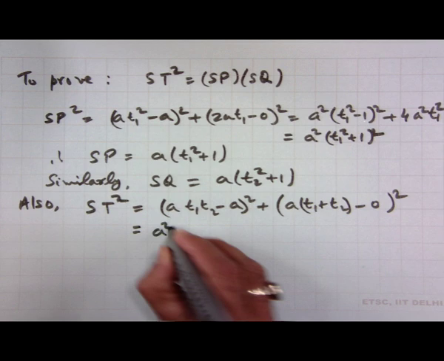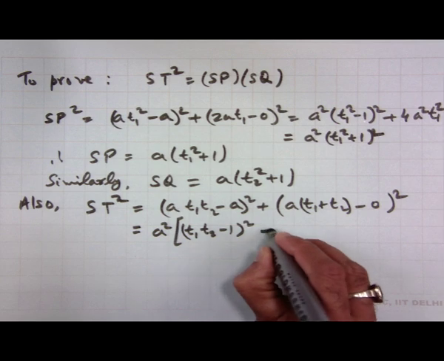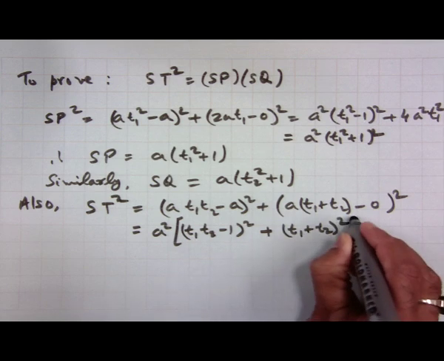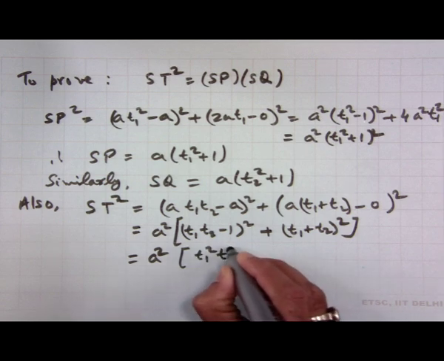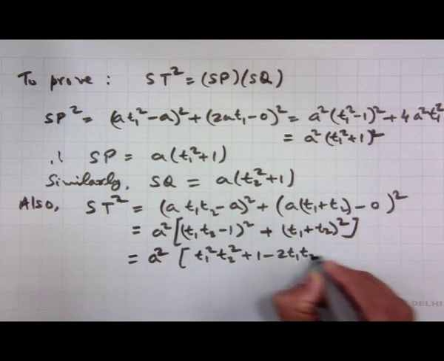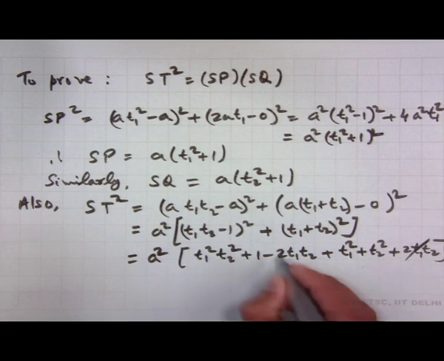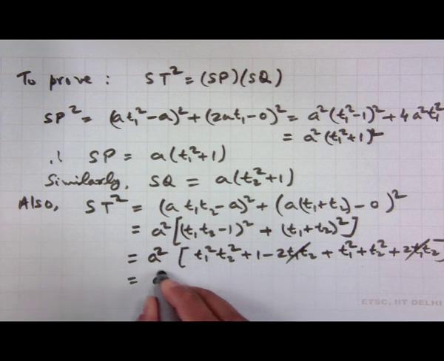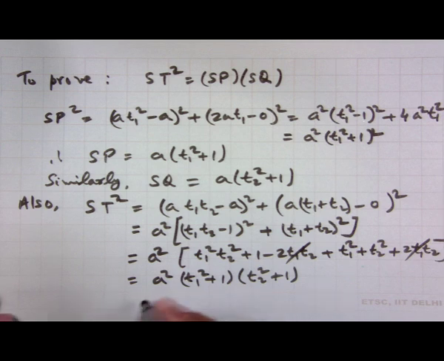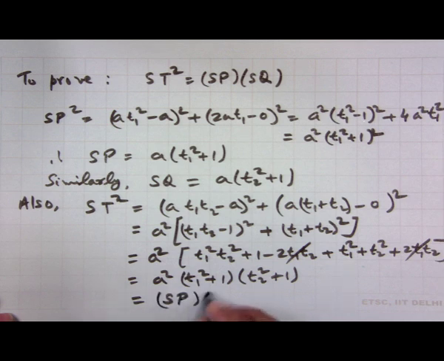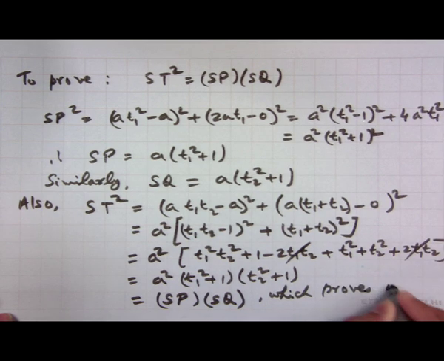So, this is equal to a square times [(t1t2 minus 1) square plus (t1 plus t2) whole square], which is equal to a square times [t1 square t2 square plus 1 minus 2t1t2 plus t1 square plus t2 square plus 2t1t2]. This 2t1t2 term cancels, and then this can be factorized as a square times (t1 square plus 1)(t2 square plus 1), which is the same thing as SP times SQ. This proves the second statement.